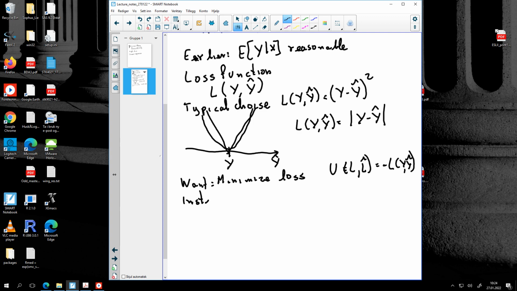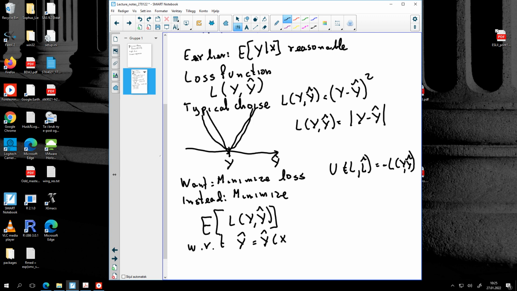So instead, we minimize the expectation of the loss function. And we minimize it with respect to y hat. Note that y hat is a function of x. So now we have made a mathematical problem.